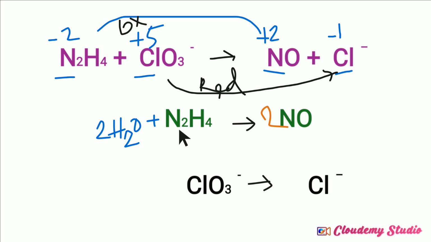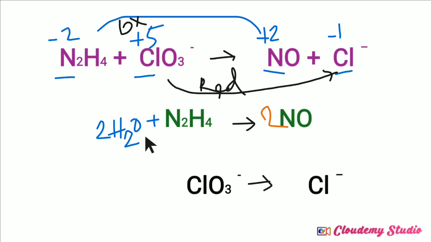Now when we check this equation, on the left hand side, 2 times 2, 4 hydrogen atoms in water, and in hydrazine 4 hydrogen atoms. So 4 plus 4, 8 hydrogen atoms are there on the left hand side, but the right hand side has no hydrogen atom.